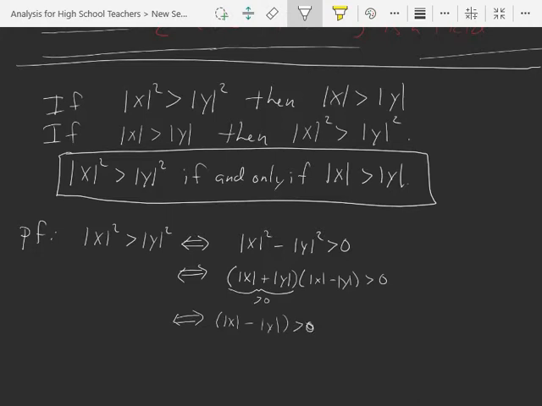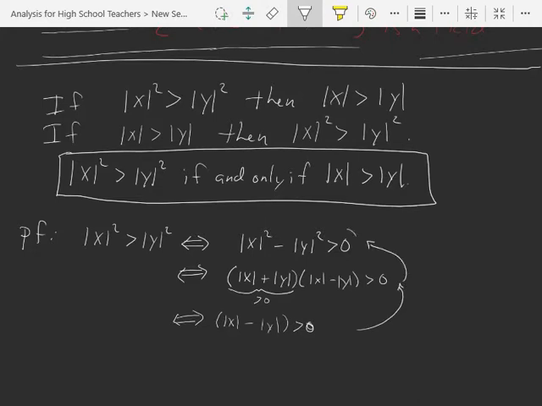And on each step of this manipulation, I could go back and forth, right? If I start with something positive and I multiply by something positive, it stays positive. I've got the factored form, I distribute, and I end up with this, manipulate, and I get there. So we can go back and forth.